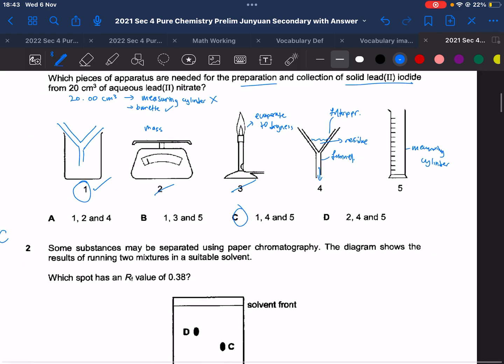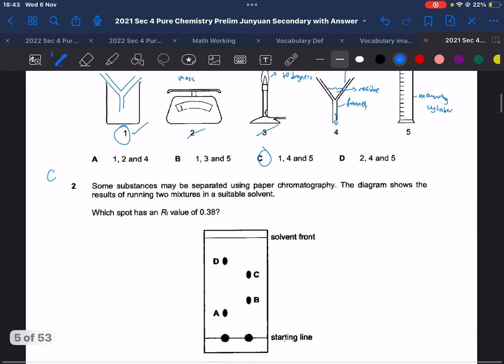Okay, some of the substances are mixed like that. Okay, so for this type of questions, you just use a ruler in an exam paper. However, this is on the iPad, so it will be difficult to measure the length. Okay, so what I would do, I would just eyeball it. Okay, because 0.38 is actually a ratio, so I'm using the ratio of this length to the ratio of this length.